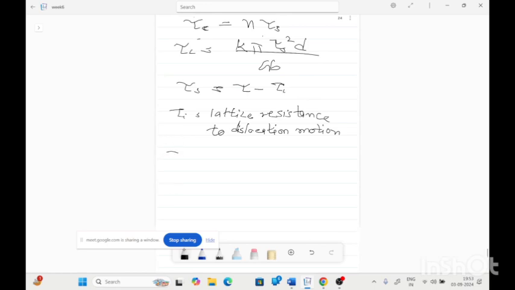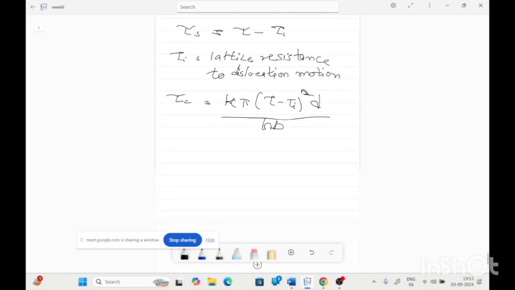So this can be written as tau_c equals k pi (tau minus tau_i) squared D by 4 G b. Here it is written as 4 G b.